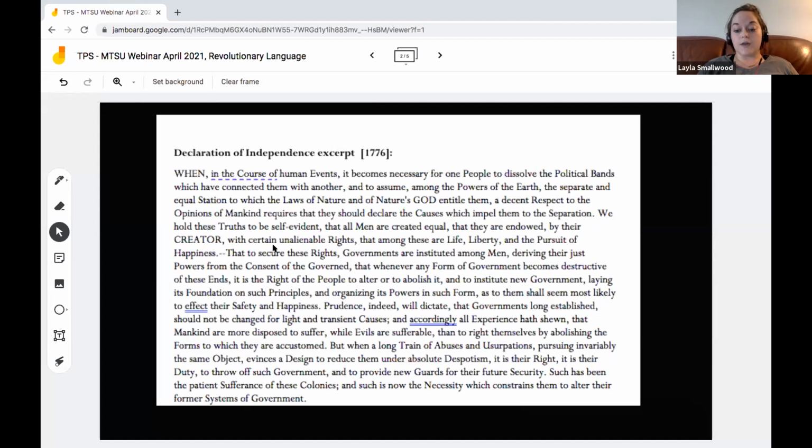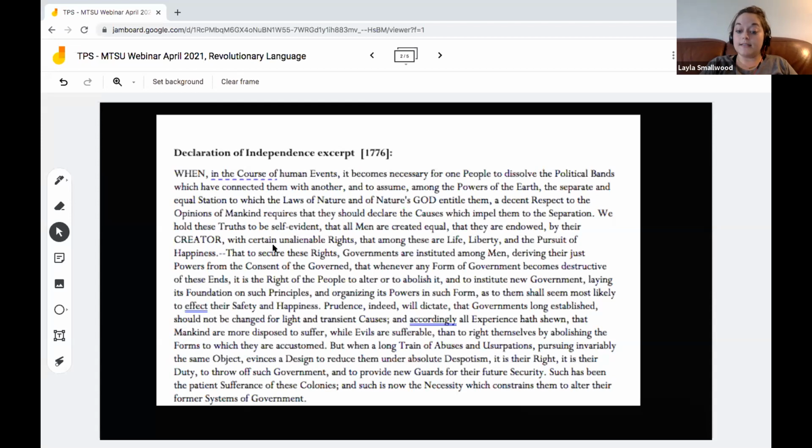That to secure these rights, governments are instituted among men, deriving their just powers from the consent of the governed, that whenever any form of government becomes destructive of these ends, it is the right of the people to alter or to abolish it, and to institute new government, laying its foundation on such principles and organizing its powers in such form as to them shall seem most likely to affect their safety and happiness.